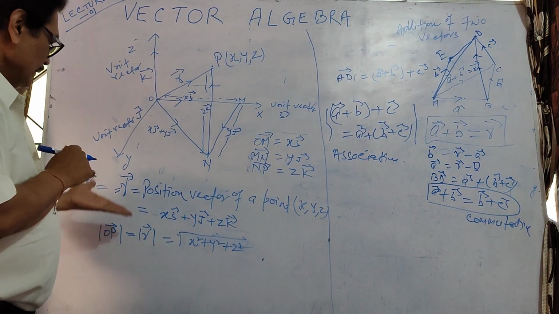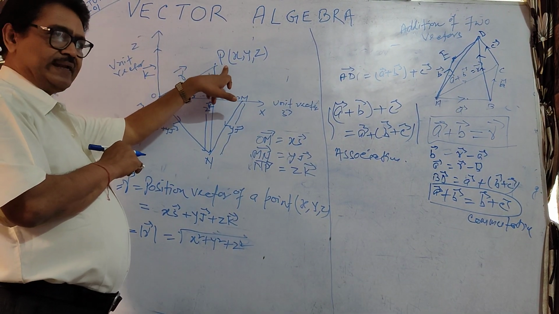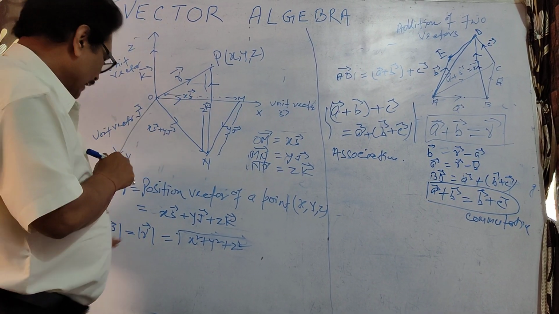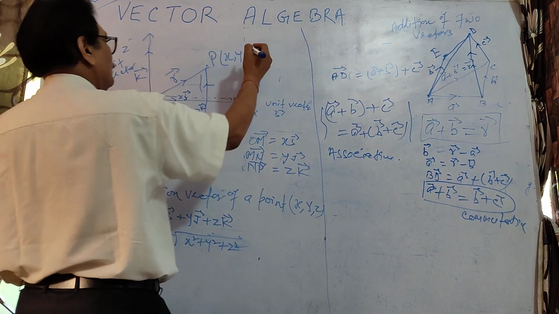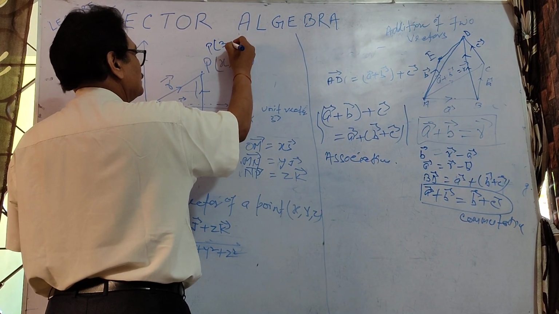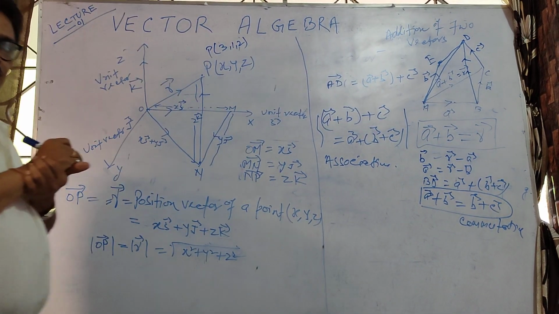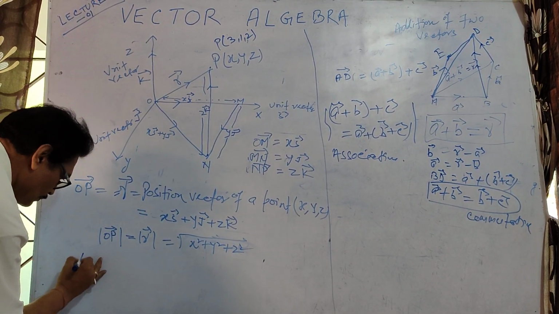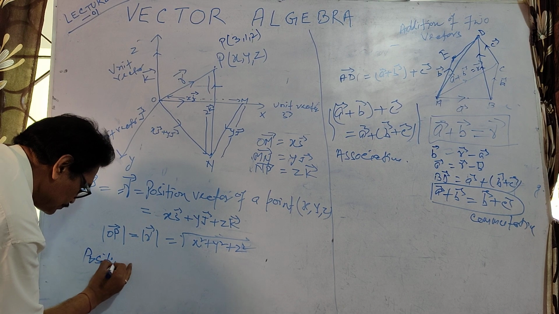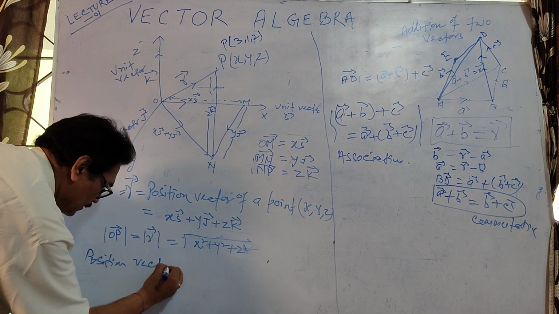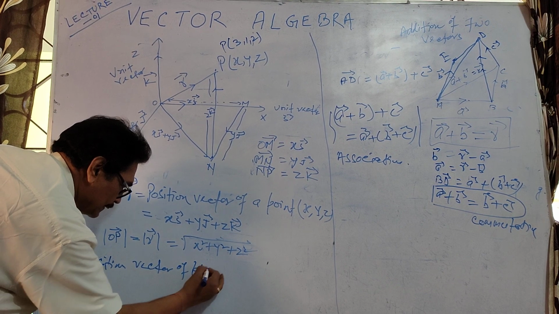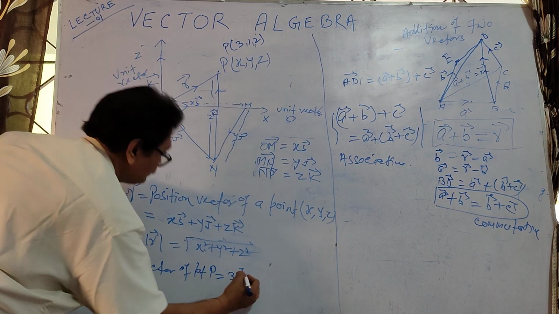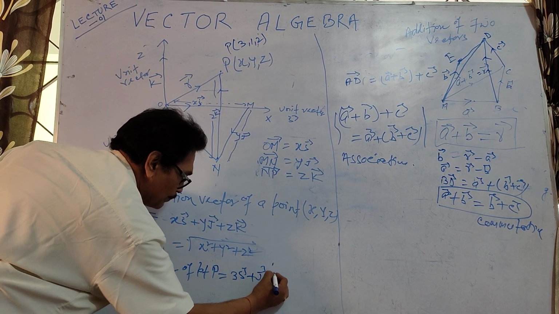Now come here. This is any point in three-dimensional geometry x, y, z. Its position vector is r. Suppose point P is given as 3, 1, 2. Then what will be the position vector of this point P? Position vector of point P is equal to 3i plus j plus 2k.